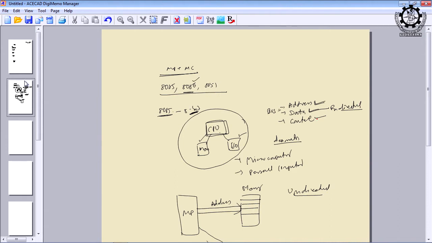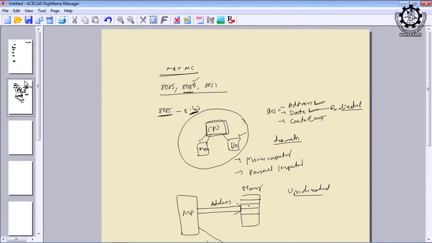So, then the control signal. What is the need for control signals? As I told you, if it is an input device, the data transfer direction is from input to microprocessor. If it is an output device, from microprocessor to output device. And if you are reading data from memory, the transfer is from memory to microprocessor. And if you are writing some result or data to memory, the transfer is from microprocessor to memory.